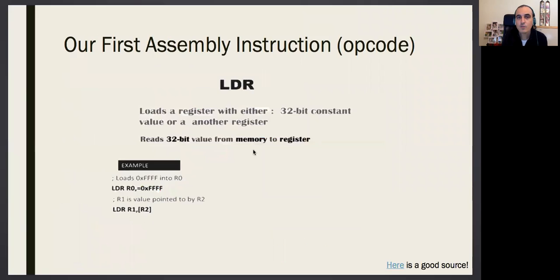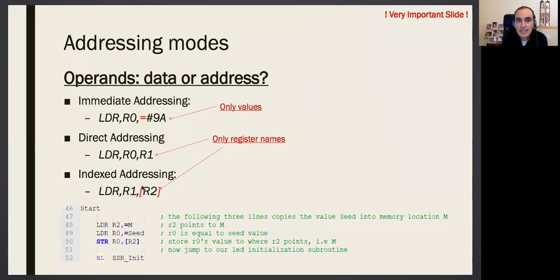When reading from the memory, you'll need these square brackets, because you have to tell it which address in the memory. Okay, I'm reading it from the memory, but memory is huge. Which address? You put the address here, but you cannot immediately write the address here. The address should be in one of the registers.